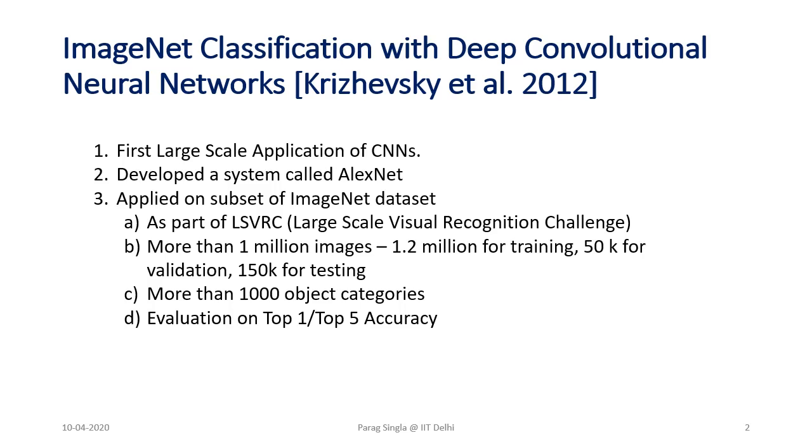So this is called the ImageNet Large Scale Visual Recognition Challenge, right? And this AlexNet architecture was applied on this ILSVRC dataset, which has about 1 million images. To be precise, I think it's 1.2 million images for training, 50,000 for validation, and 150K for testing, right?